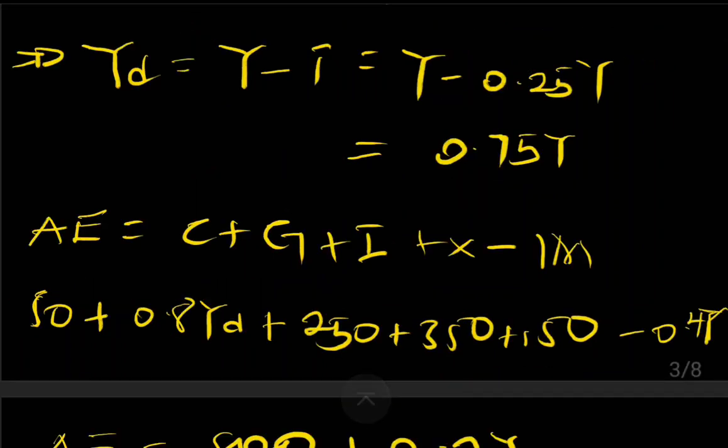Then we go to our general formula for AE, that is the aggregate expenditure, which is equal to C plus G plus I plus X minus IM.